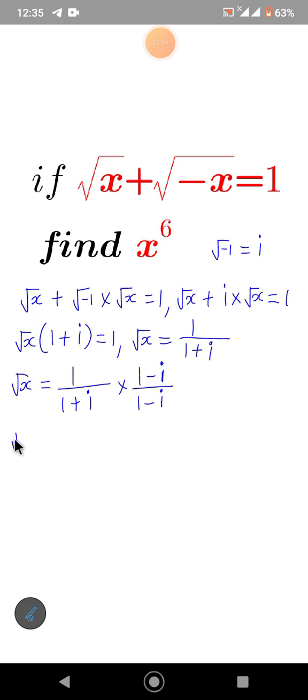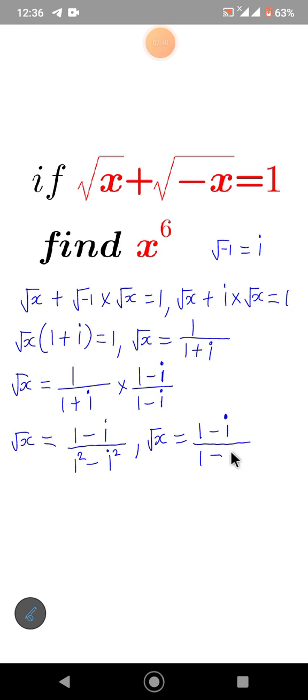So we say square root of x will be equal to 1 minus i all over, why, this is what? Difference of two squares. So I can write this as 1 squared minus i squared. Then we continue. We say square root of x will be equal to 1 minus i all over 1 squared, which is 1. Then minus, then i squared is minus 1.